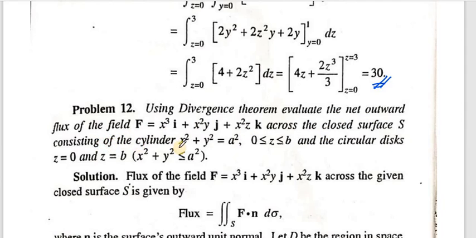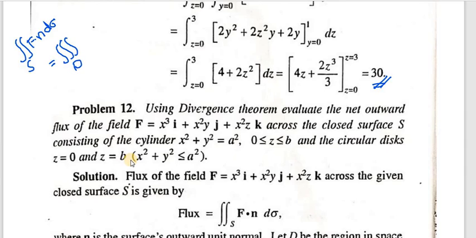We have to find the net outward flux of the given field across the closed surface S. The surface S consists of the cylinder x² + y² = a², 0 ≤ z ≤ b, and the circular disks z = 0 and z = b. So the net outward flux of the field F across the closed surface is given by the double integral over S of F dot n dσ. By the divergence theorem, this is equal to the triple integral over D of the divergence of F dV.